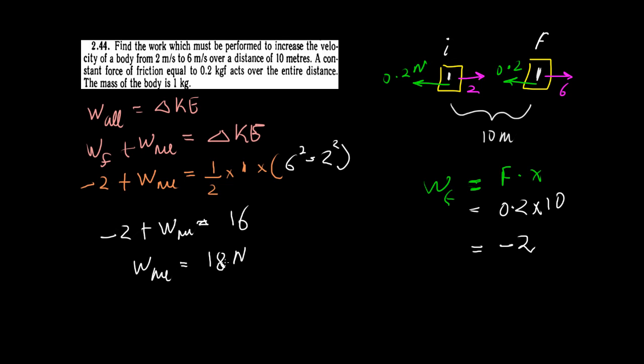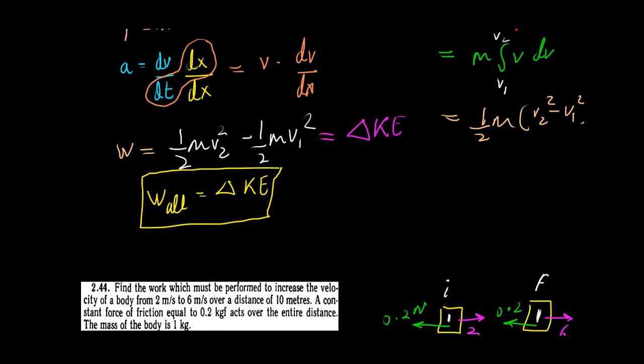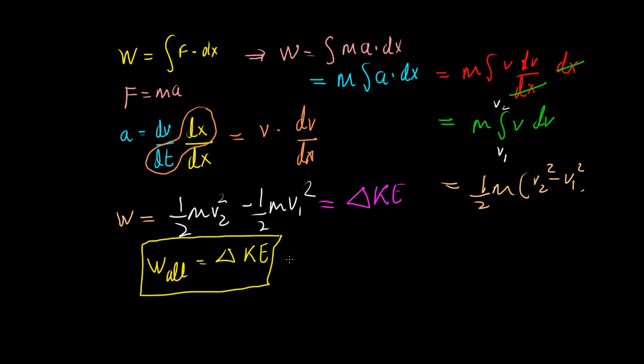So that is the answer here. We have to do a work of 18 to increase the velocity of a body of 1 kilogram mass from 2 to 6 over a distance of 10 meters. So yeah, I hope you like it, and we'll use this definition in some problems.